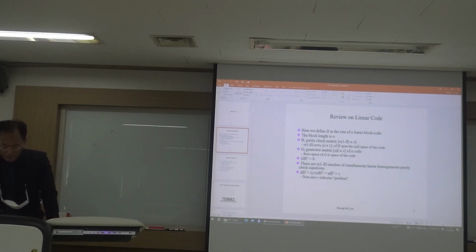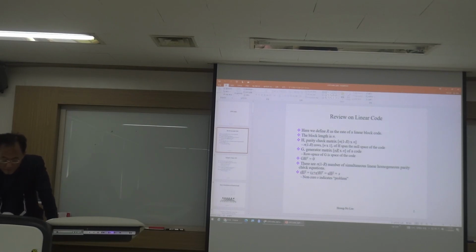In our example of a 50 by 100 matrix, you can add 50 more rows, which are linear combinations of the linearly independent 50 rows. And that way you can hide the vector space of G. Okay? So what G you have used can be hidden, right? That way you can improve the security.